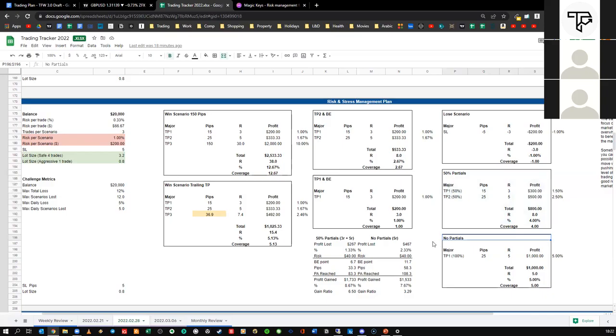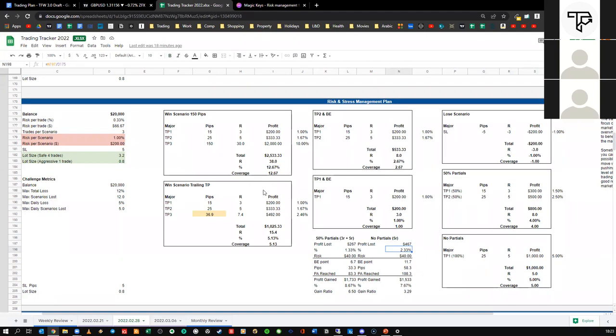If we were to say, let's not take any partials, and I'm just going to hold my trade to 5R, and that's how I operate, that's fine. But if I compared the profit I could make if I was to do a third, I would be leaving $467 on the table. In percentage terms, that's 2.3%.